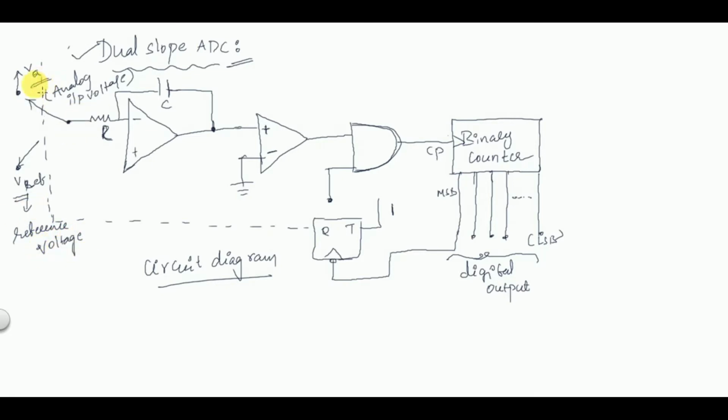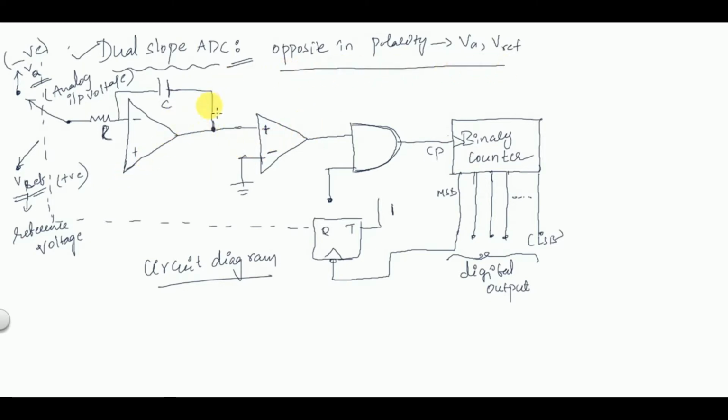The condition here is that VA and V reference must be opposite in polarity. So I'm taking VA as negative and V reference as positive, but you can take it either way.